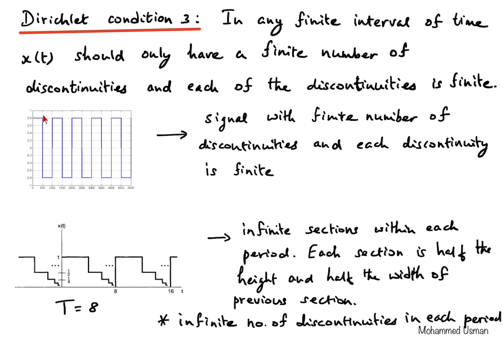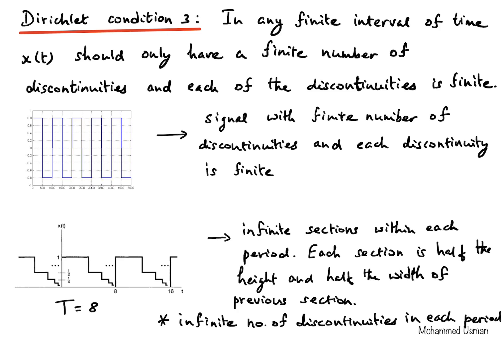So in this particular case, all these vertical line components of this waveform denote discontinuity. So we have this vertical line, that's a discontinuity, and that is a vertical line, that's a discontinuity. So at this time instant, the signal is having a sharp or abrupt change from the positive highest peak value to the negative peak value, right? So there's an abrupt change in the signal that we call a discontinuity.